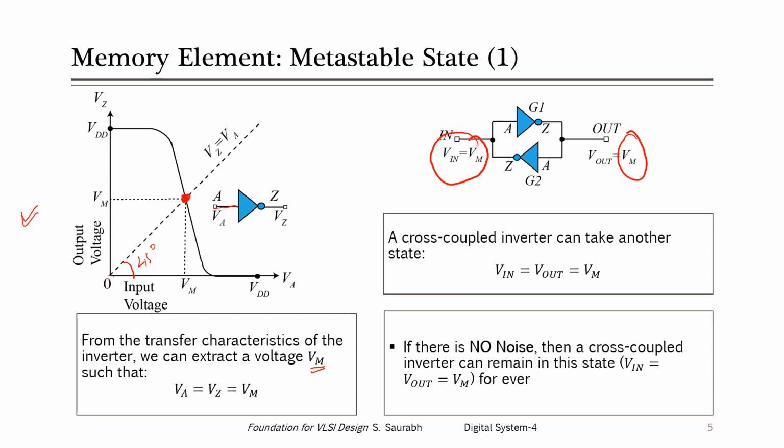Will the cross coupled inverter still remain in the state Vin equal to Vout equal to Vm, or will it go to the 0 state or 1 state? Let us examine this aspect of the cross coupled inverter pair.